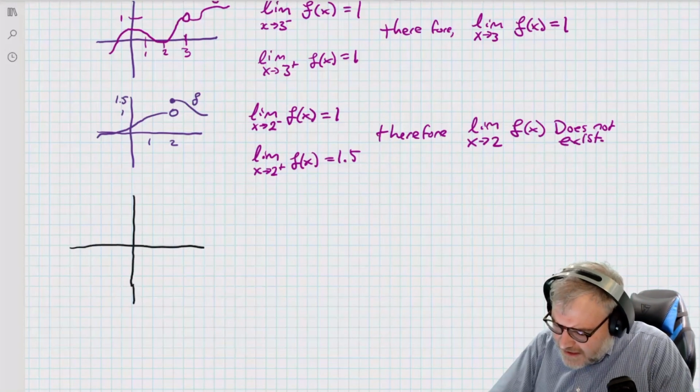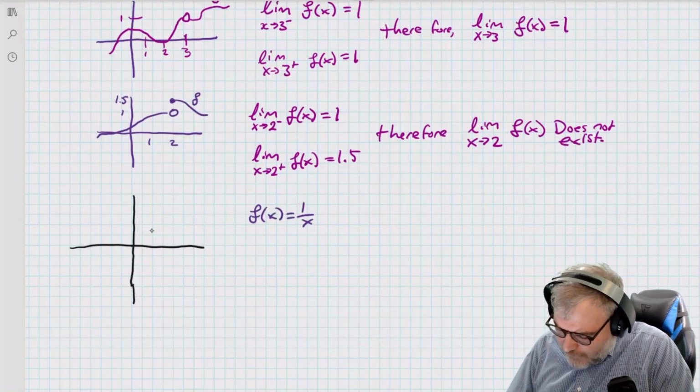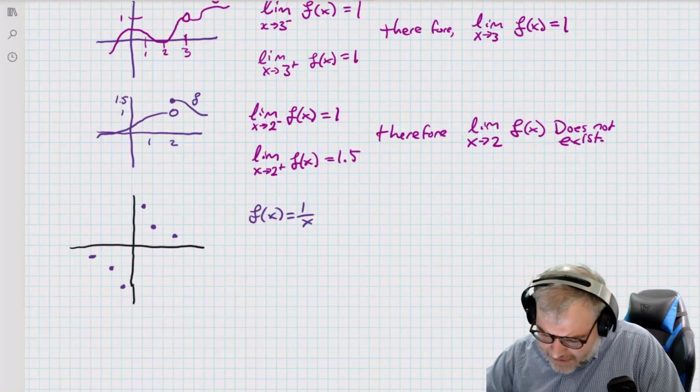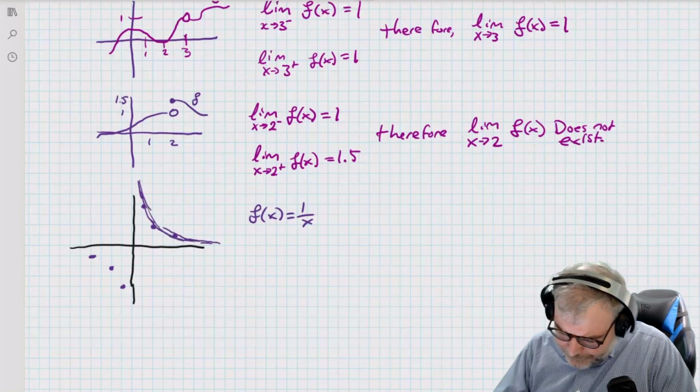At 1, I have 1, and at negative 1, I have negative 1. When I'm at 2, I'm at 0.5. When I'm at 0.5, I'm at 2. Same thing here and here. So this right here is f of x equals 1 over x. And I had an example on peer leading.